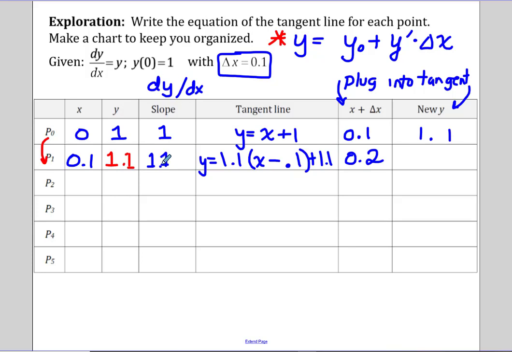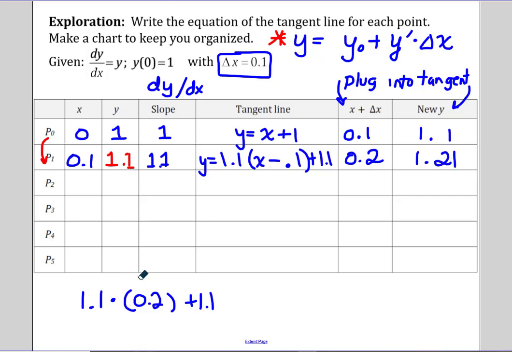And if we substitute 0.2 in there, then basically what we're doing is we're taking the slope times the delta x, which is 0.2, plus the initial y value, which was 1.1. So if we did that mathematically, we're going to end up with 1.21.